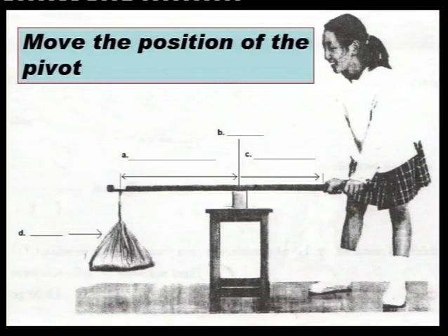Okay, let us hear from some of the students here. When the position of the pivot is moved, the center there, towards the effort side or towards the load side, which one does the more work?